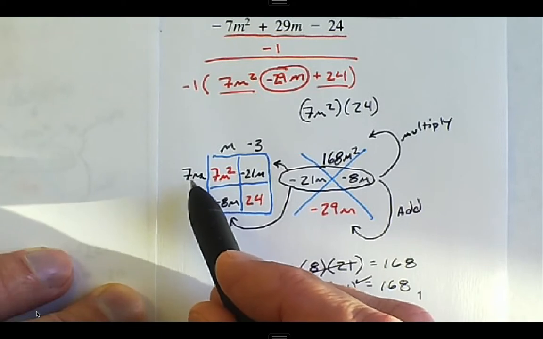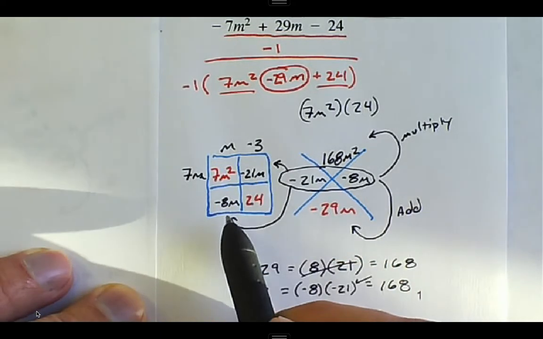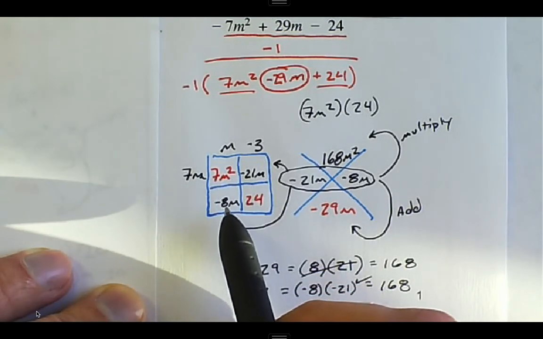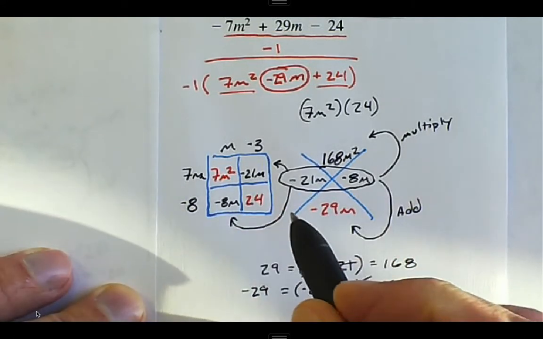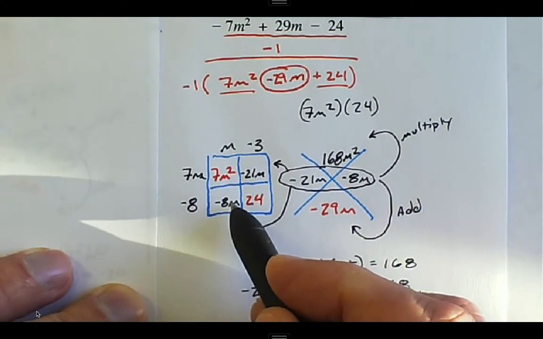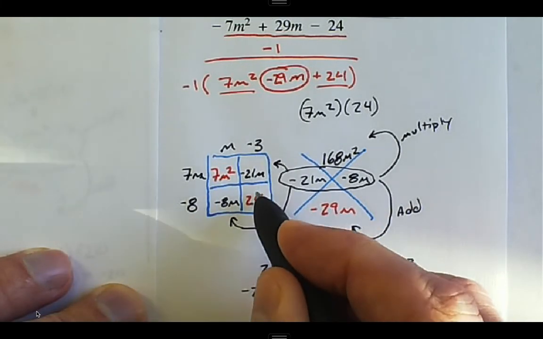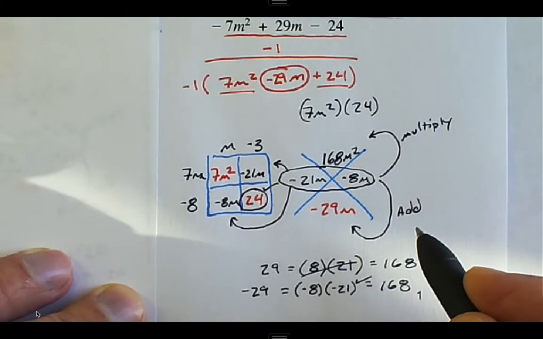So 7m times negative 3 is negative 21m. And now we have m already, and we need to get to negative 8m. So in that case, we need negative 8. Negative 8 times m is negative 8m. And then for the last check, we can see negative 8 times negative 3 does give us a positive 24, so we're all set there.